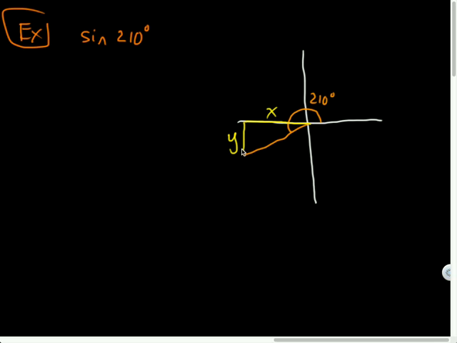So do I expect sine to be positive or negative? Negative, because sine is equivalent to the y value, and I moved down. So in this quadrant, sine would be negative, right? This point would be negative comma negative down here. So x is negative, so cosine's negative, y is negative, so sine is negative.